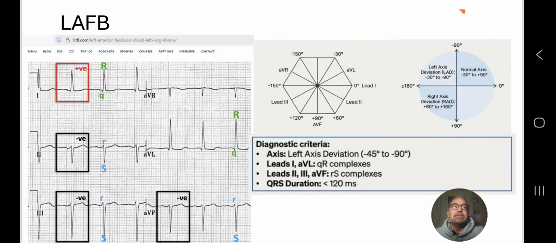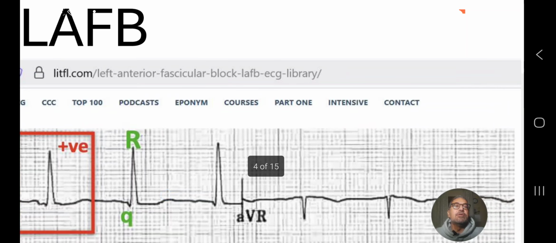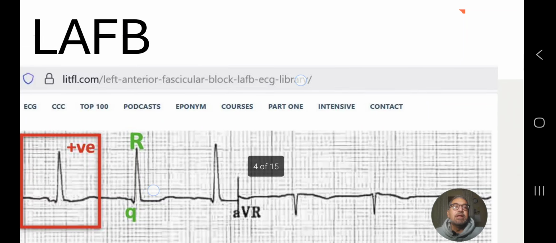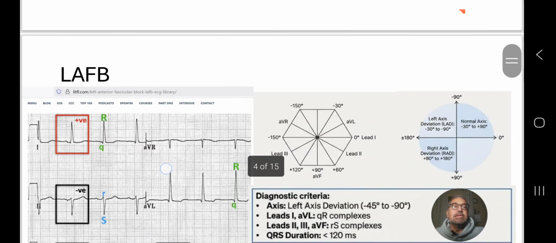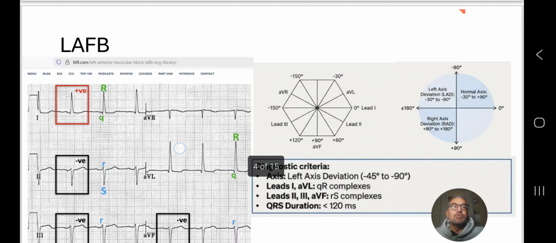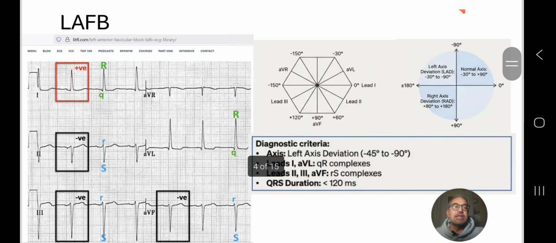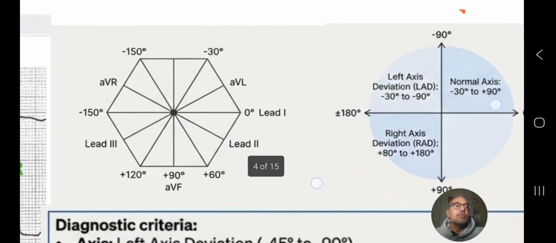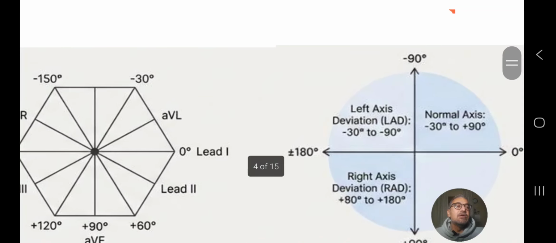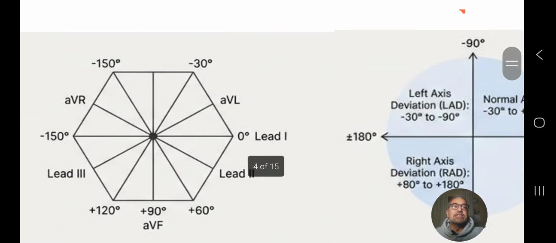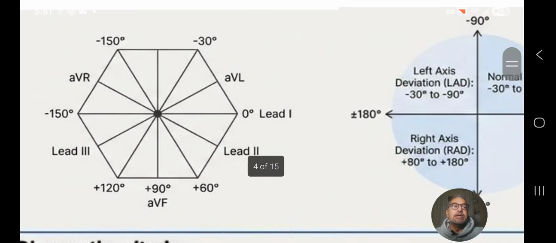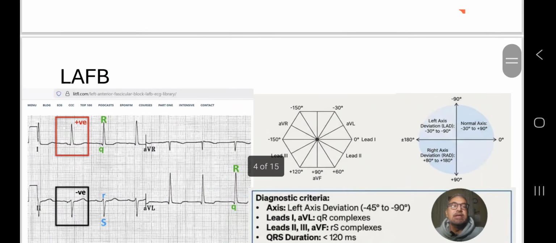Here's an example EKG obtained from litfl.com, and this is what left anterior fascicular block looks like. Essentially, a left axis deviation. So, left axis would be minus 90 to minus 180 roughly, and so you would expect negativity in lead 1 and positivity in lead AVF.